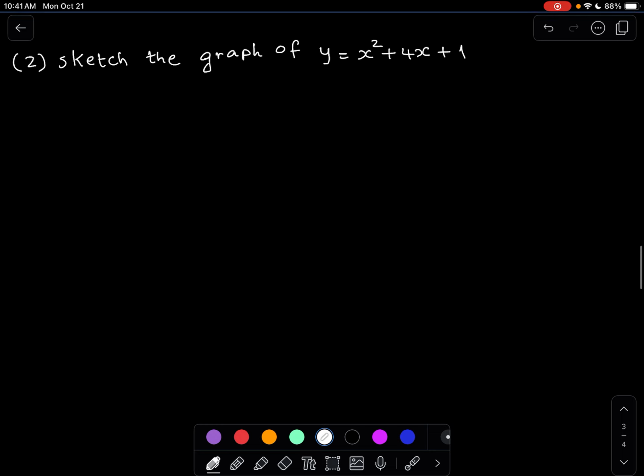Let's come to the next example. So we are having sketched the graph of y equal to x squared plus 4x plus 1.